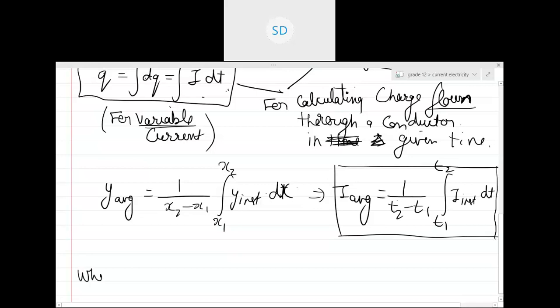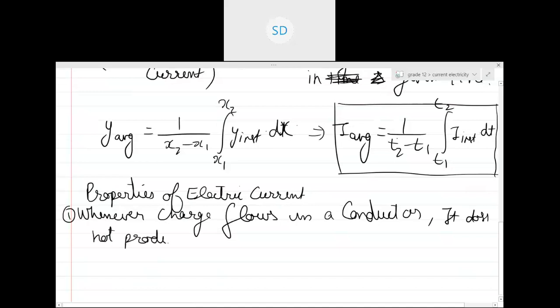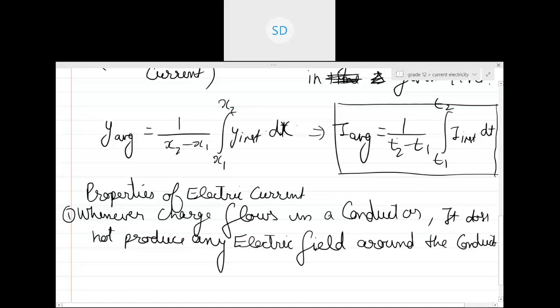Always remember, whenever we discuss properties of electric current: whenever charge flows in a conductor, it does not produce any electric field around the conductor.